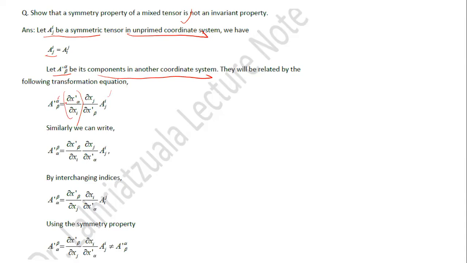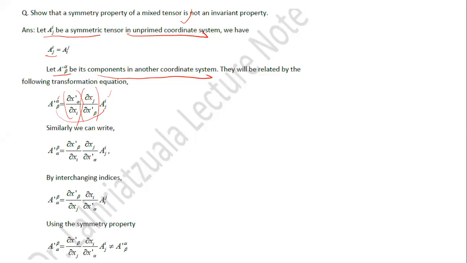Here alpha prime is the prime coordinate index, so it is in the numerator. Since these are contravariant indices, and beta and j are the covariant indices, the transformation coefficient corresponding to beta and j is del x prime beta. So this is in the denominator now, and this xj is in the numerator.